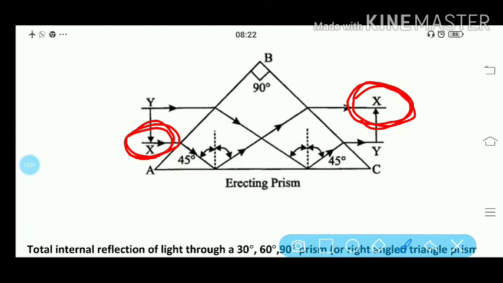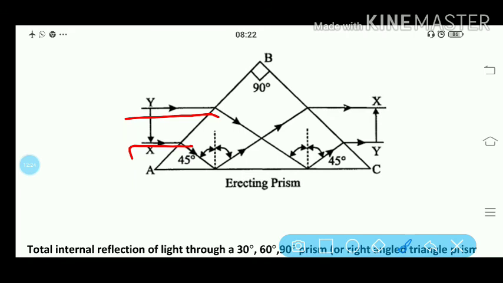This type of prism is called an erecting prism, in which we get an inverted erect image. What actually happens here? The beam of light from the object XY is incident parallel to the face AB of the prism and strikes the face AB. It suffers refraction from air to glass.